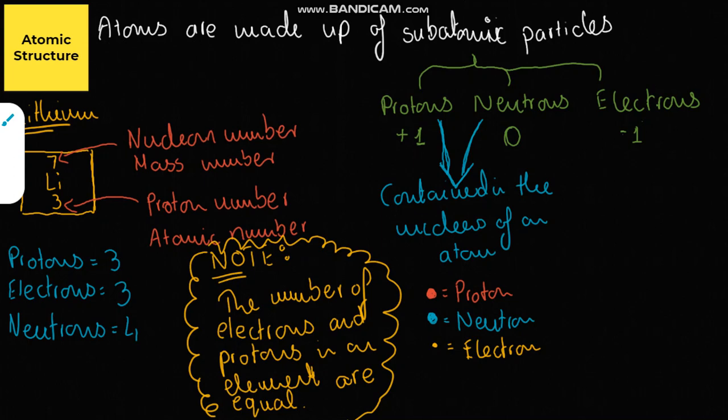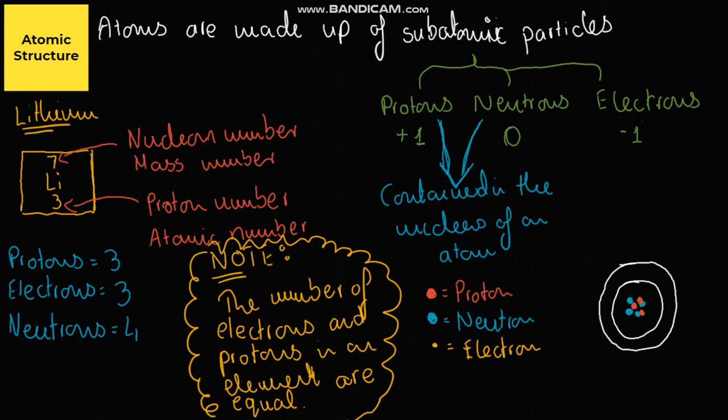There are 4 neutrons, so we'll draw 4 circles, and there are 3 protons: 1, 2, 3. The electrons are in the shells or orbits that surround the nucleus, where they move around.